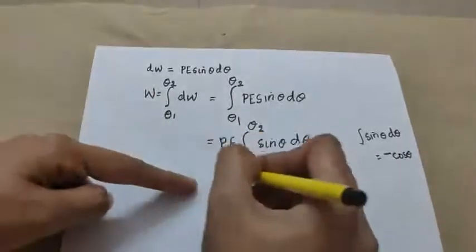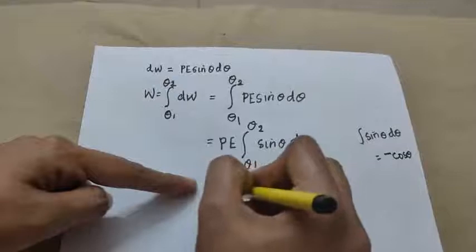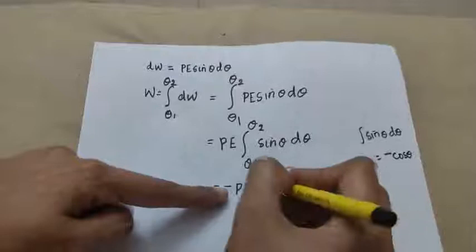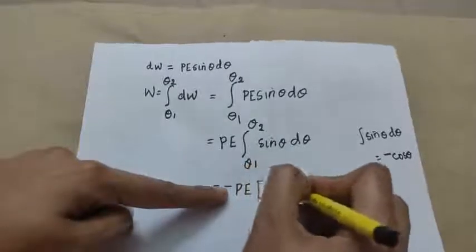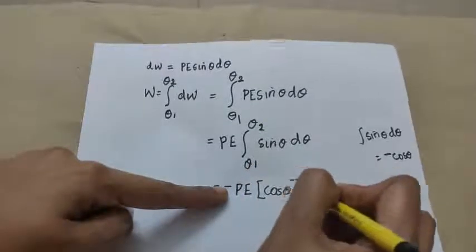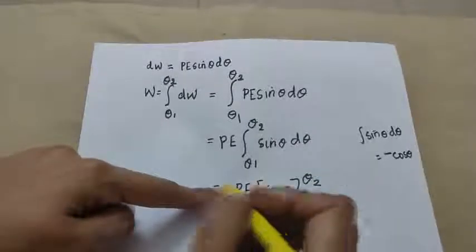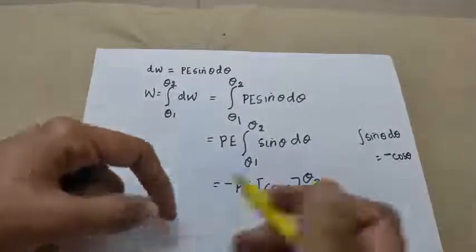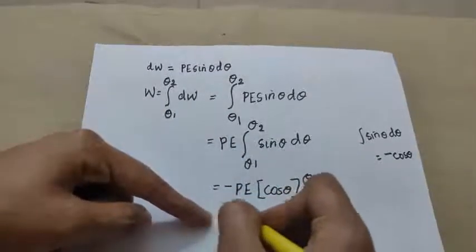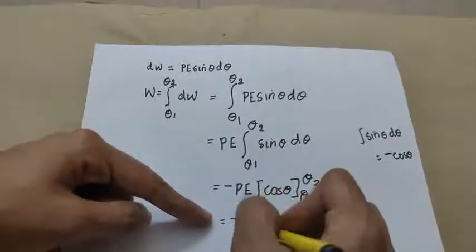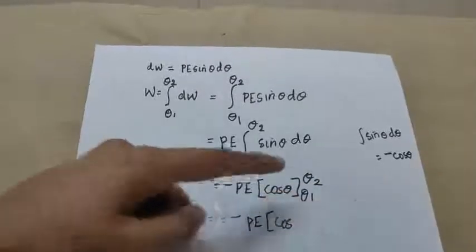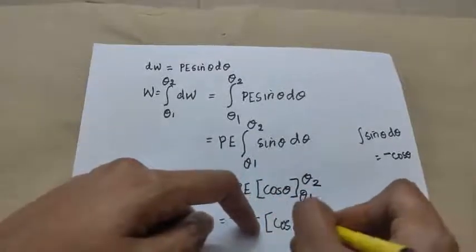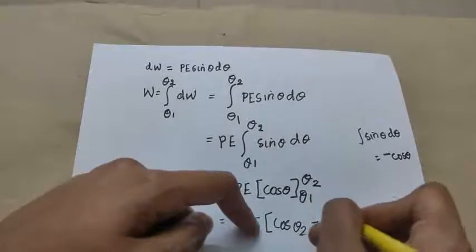Applying the limits, upper limit minus lower limit, this becomes minus PE into cos theta 2 minus cos theta 1.